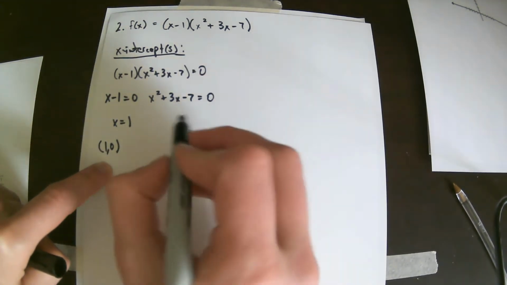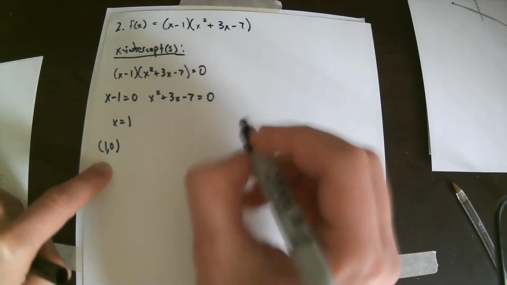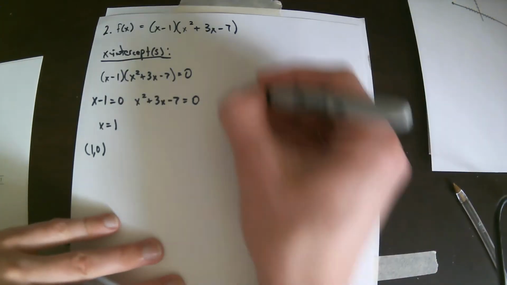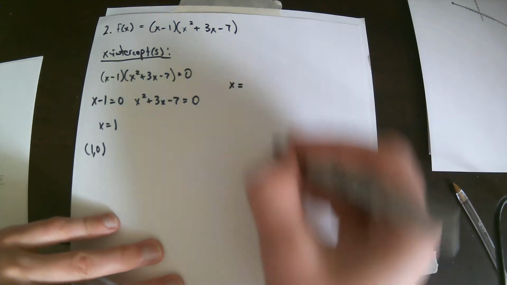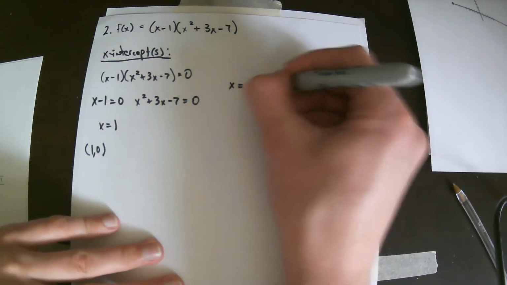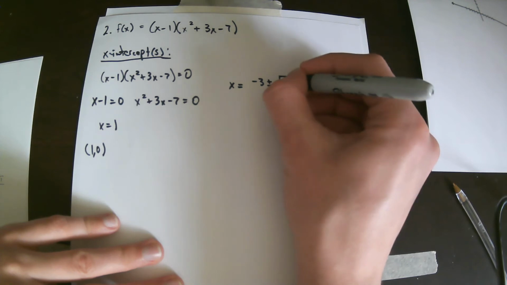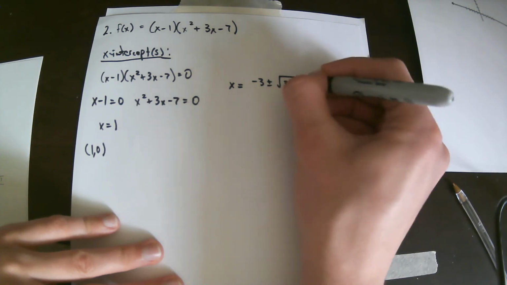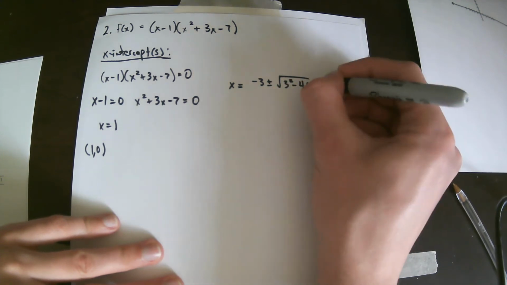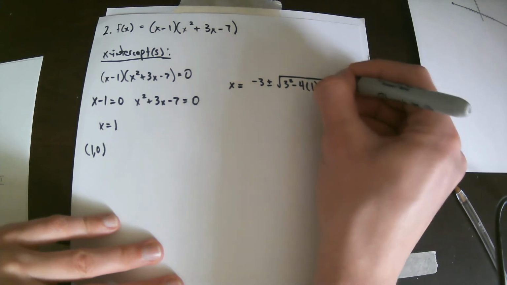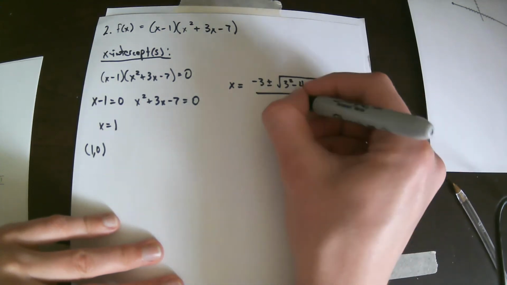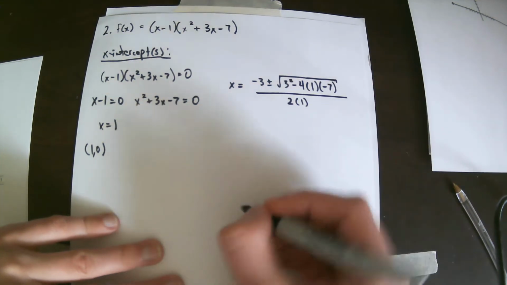It's a quadratic, not easily factorable, so let's use the quadratic formula. So x is equal to negative 3 plus or minus square root of 3 squared minus 4 times a times c, all over 2a.